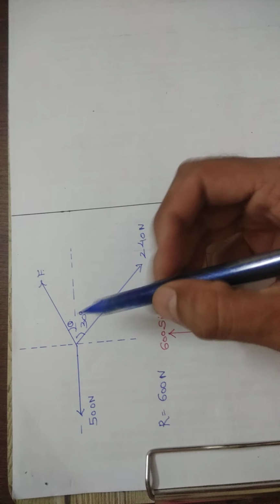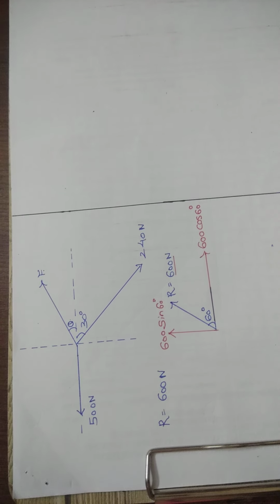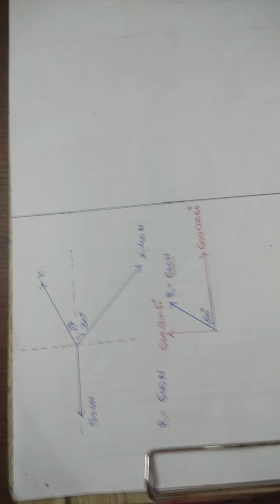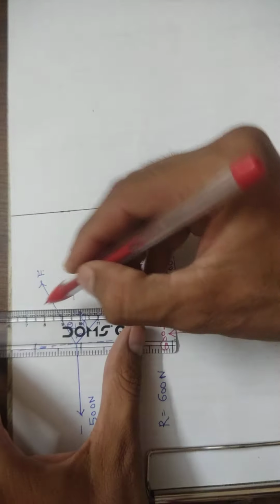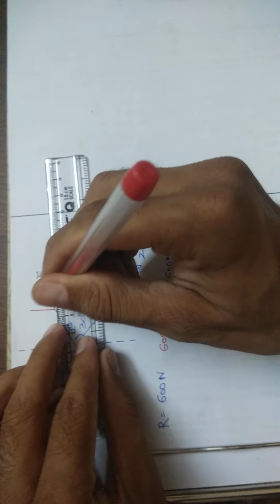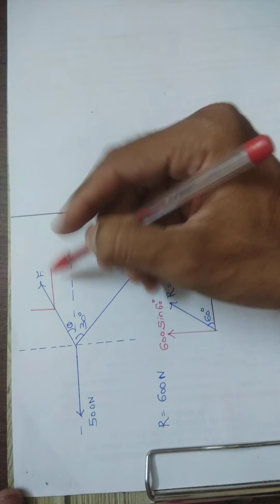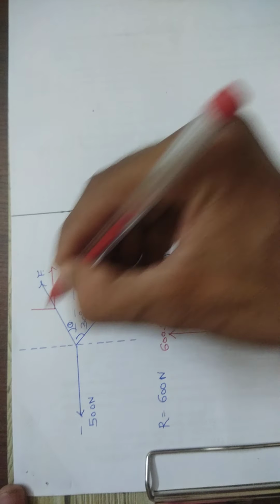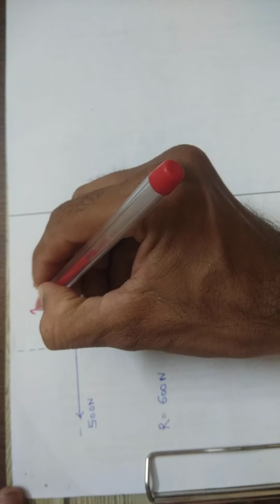Next we will resolve all these forces one by one. The first force is the F force. So I am resolving this F force along X and Y components. This F force is in the first quadrant, so this will be its X component and this will be its Y component.